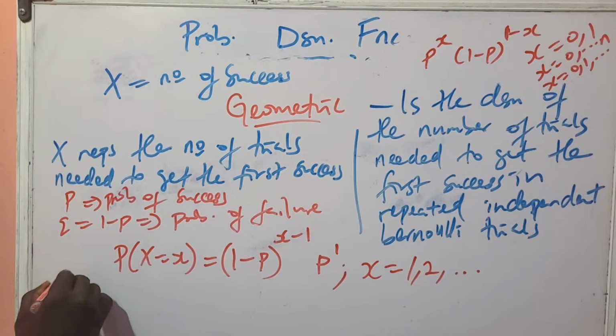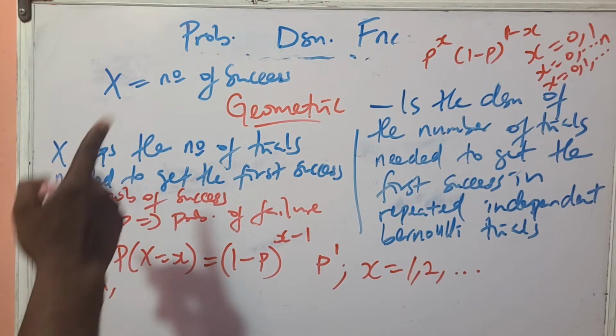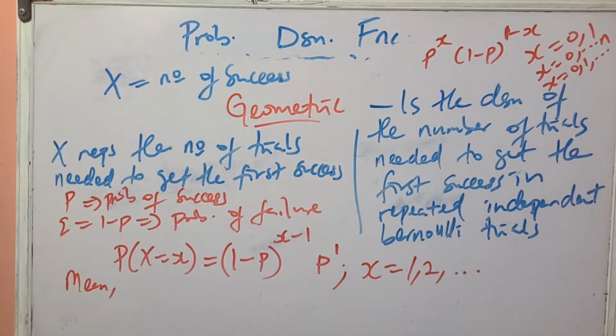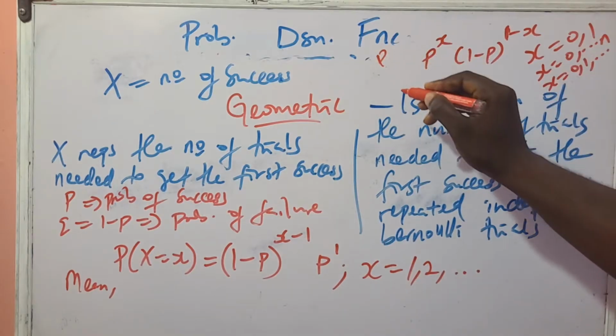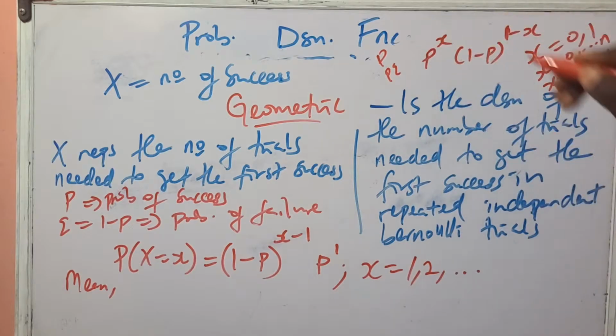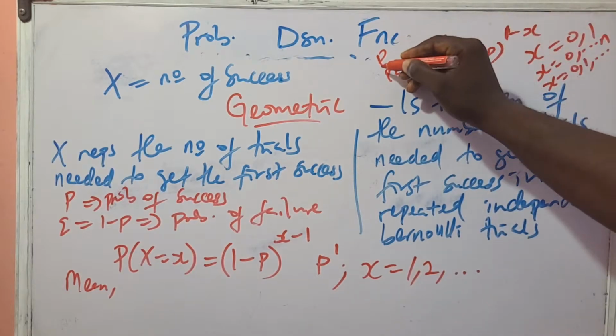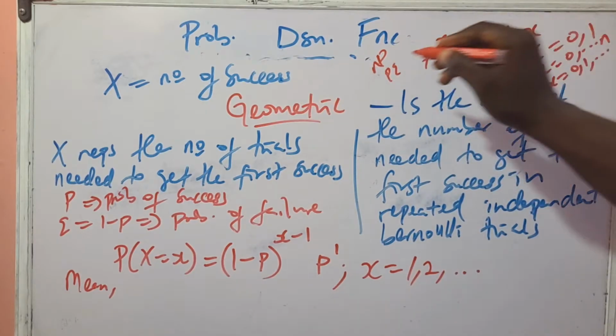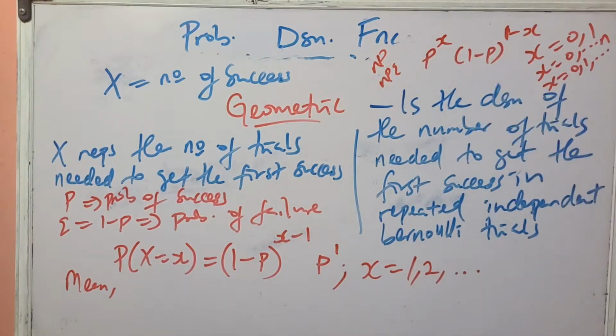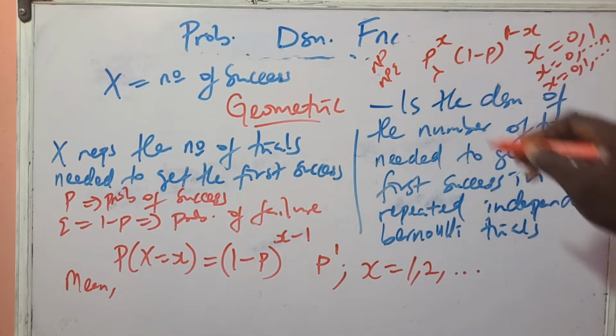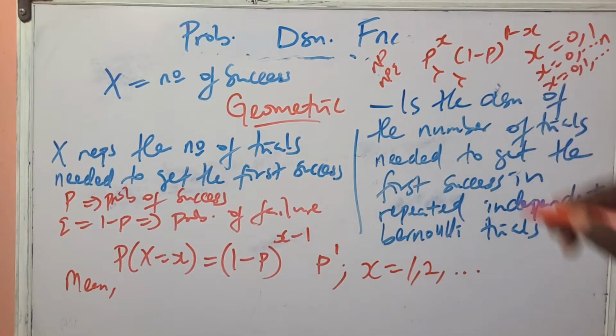Now, one other thing you need to note, which you have always noted for every other one, you should know the mean and variance of every distribution. Bernoulli, we said the mean is p, the variance is pq. Binomial, the mean is np, the variance is npq. Poisson, we said the mean is lambda, the variance is lambda. Now, what about for geometric?